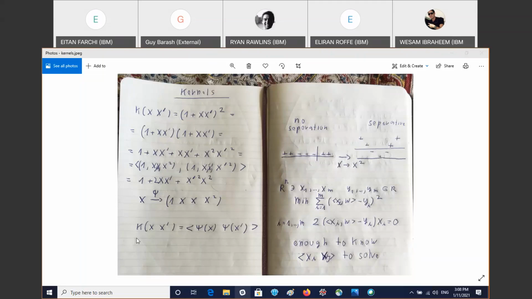Okay. So the key idea is to get to a point where we don't need to explicitly calculate the scalar multiplication in a high-dimensional Euclidean space. Say we've embedded the points in R2, or say we've embedded the points in R 10,000. We don't need to calculate the scalar multiplication explicitly in R 10,000.